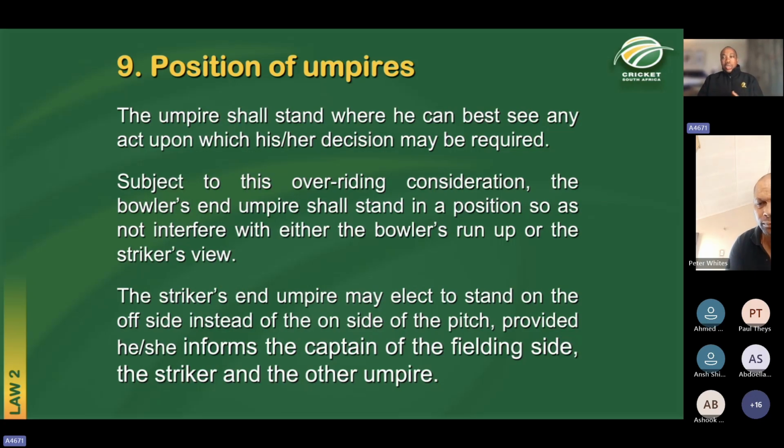And yes, law allows for him or her to move accordingly. But you, as a striker's end umpire, if you're moving from the leg side to the offside, from square leg to point, you need to inform 3 people: the captain of the fielding side, the striker, and the umpire who's at the bowler's end.